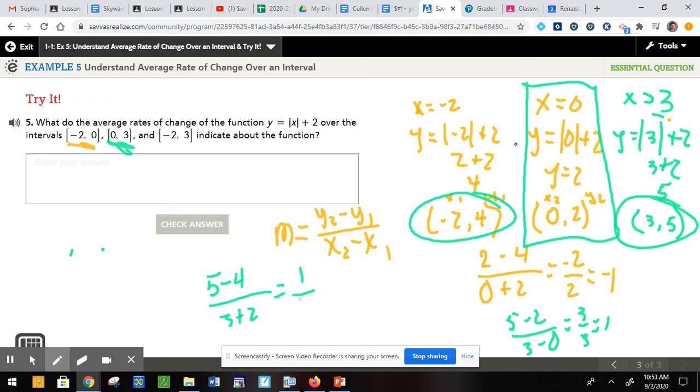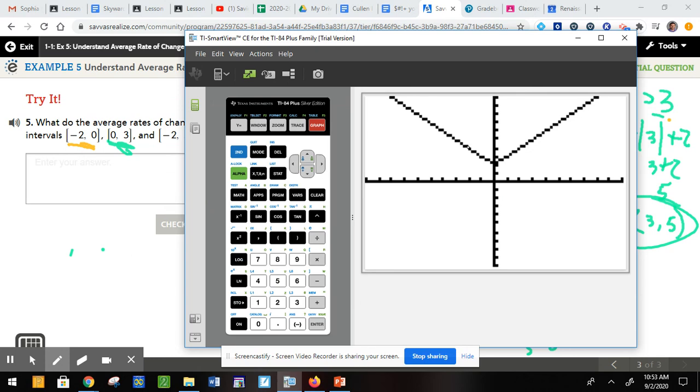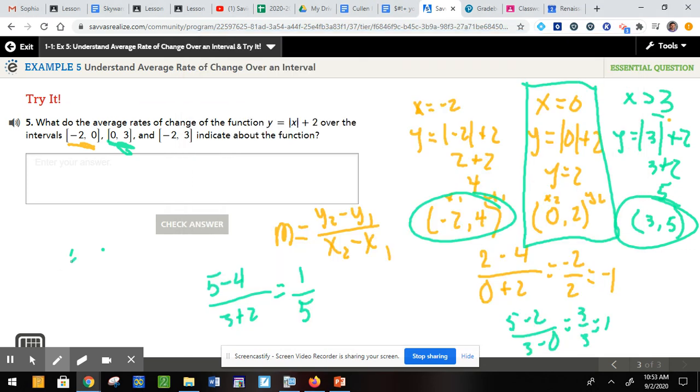It ends up being 1 over 5, which is slightly positive, which makes sense when you look at the graph. It's a little higher at 3 than it is at -2, so as an average, it went up. It went down and up, but at the end, it ended a little higher than it started, right? So that's why your average rate of change is slightly positive there. Okay, hope that helped. Let me know if you have other questions.